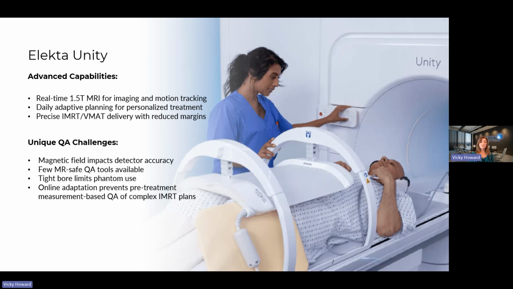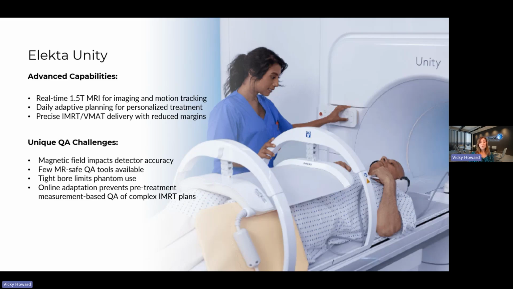The online adaptive workflows really do offer some unique QA challenges that we as physicists aren't necessarily accustomed to in the clinic. First off, for the MR-based Linacs, the magnetic field does impact detector array accuracy. So if you're trying to use a detector array for your pre-treatment QA, that needs to be a factor. There are very few MR-safe QA tools available. We do offer the Delta 4 MR array for pre-treatment QA.